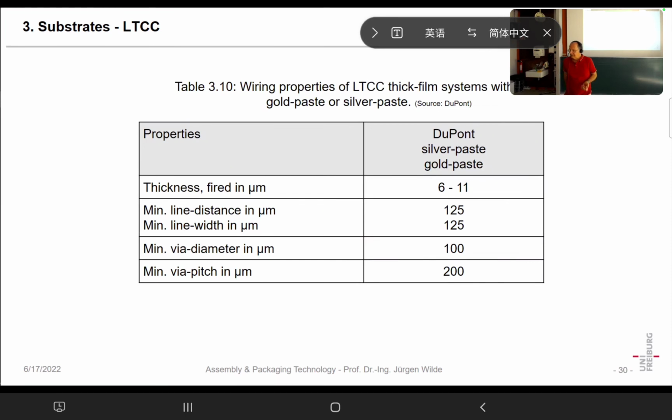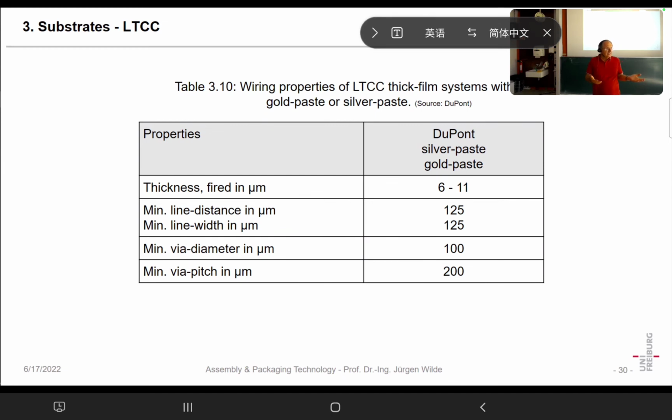Here we see some properties. So typically we have line widths and distances of let's say nowadays 100 micrometers. So that means a pitch of 250 micrometers. And what is also important, what is the diameter of the vias we can achieve? And it can go down to 100 micrometers again.